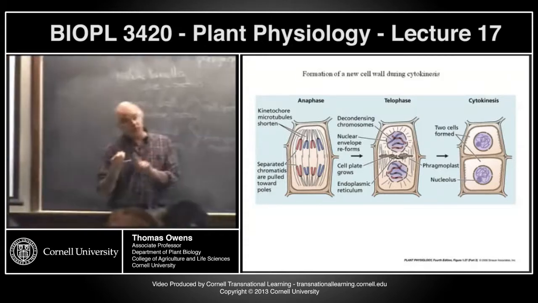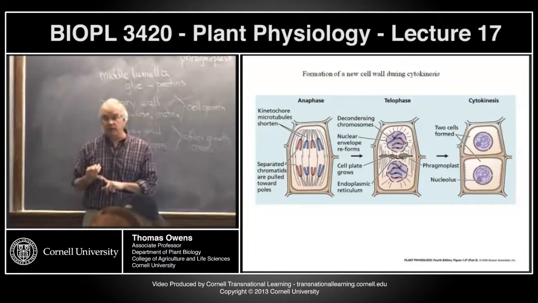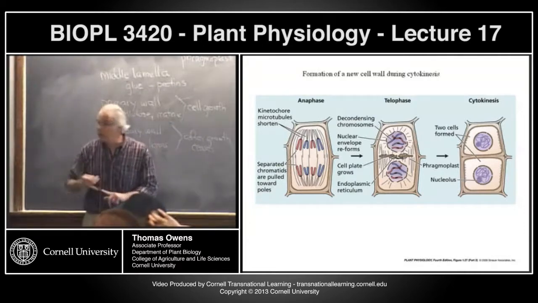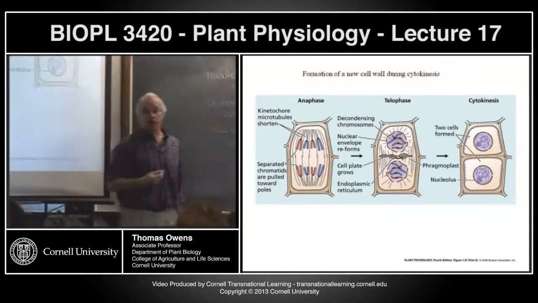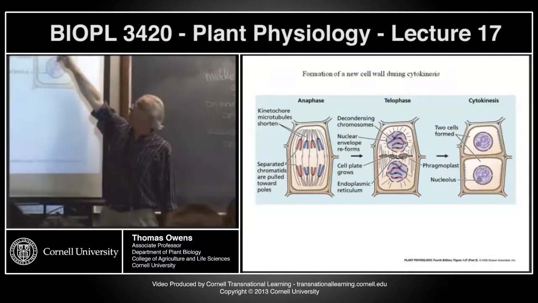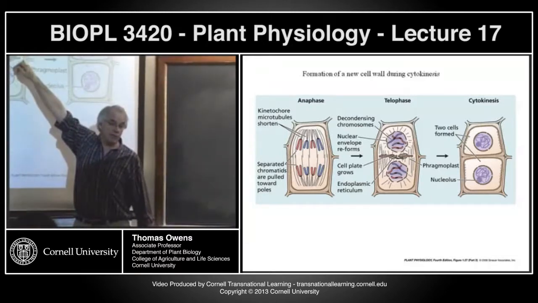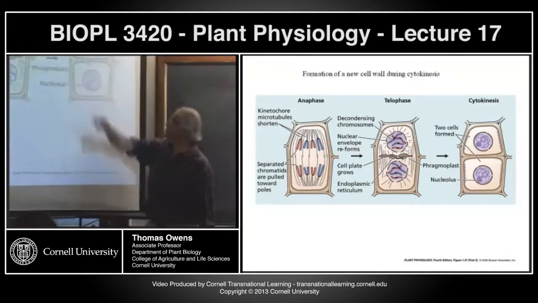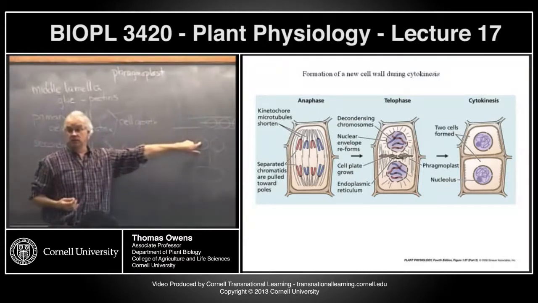Okay, so the fusion of those Golgi-derived vesicles does the two things that need to happen during cytokinesis in plant cells. It provides the membrane that gives rise to the two new plasma membranes that separate the daughter cells. The fusion of those vesicles provides that membrane. Those vesicles eventually fuse with the plasma membrane of the parent cell, giving rise to the two daughter cells. And all the stuff that was inside these vesicles are the pectins that make up the middle lamella.